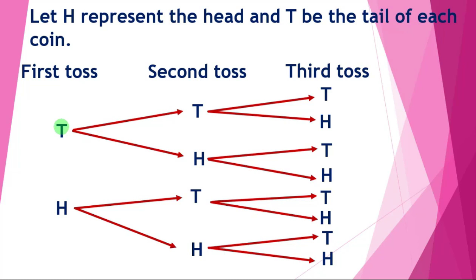So you can have 1 coin, then you toss it 3 times, or you can have 3 coins, you toss them all together at one time. You will end up with the same possibilities. There are 8 combinations, or there are 8 possibilities.